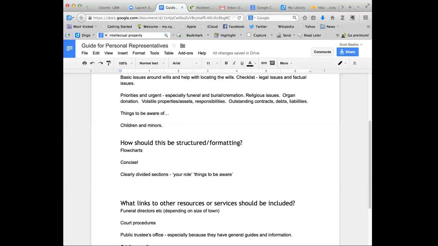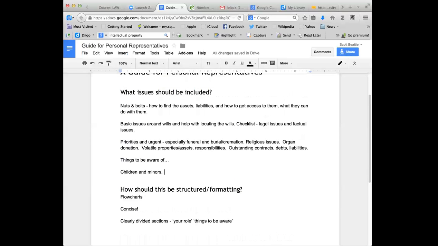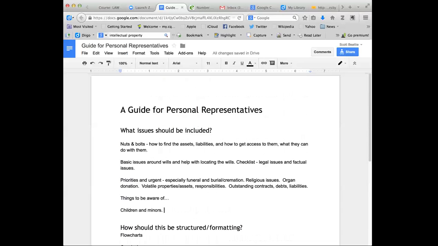Okay, so lots of things to think about there. And while we haven't ended up drafting a whole document per se, I think from my point of view, this exercise is a really good one to step outside of the law books and to actually think about the way you represent your profession.